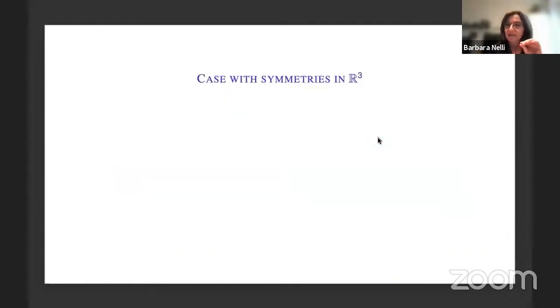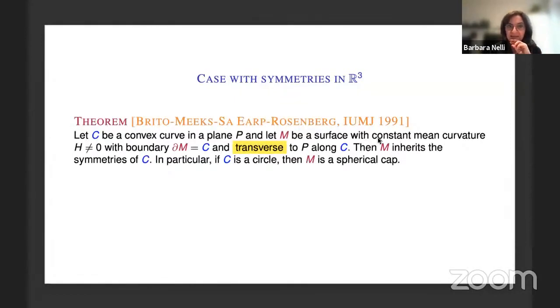Okay, let's talk a little bit about the case with symmetries in R3. That will not really be the subject of this talk, but it's very interesting to talk about. There is a very nice theorem due to Brito, Meeks, Sarp, and Rosenberg that is the most general result in this setting, and goes as follows.